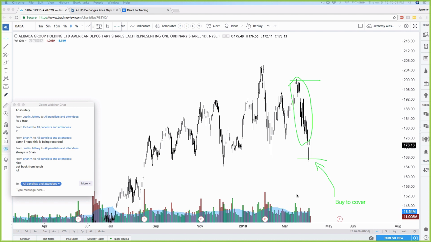So if you have a bunch of bears coming in and they start buying to cover, not only are they buying to cover, but you also have bulls who are going, hooray! This is at a 20% discount from where it was 2 weeks ago. I'm going to buy to open. So you've got people buying to cover and buying to open. That's the sentiment of this gap.